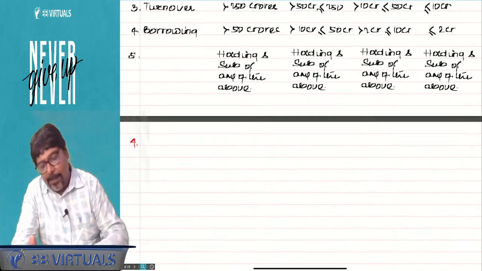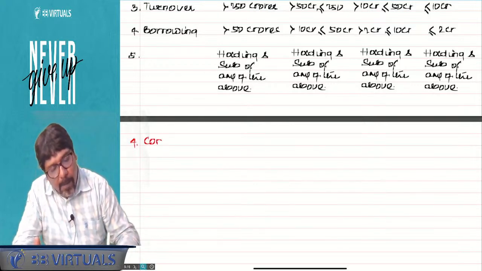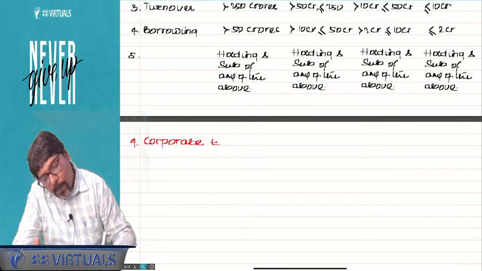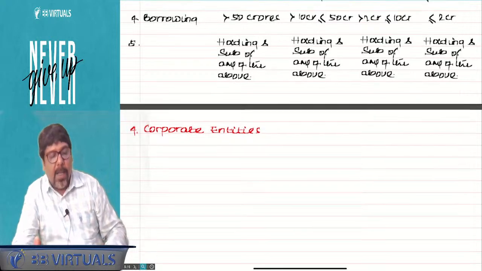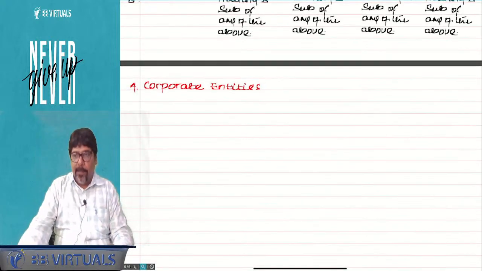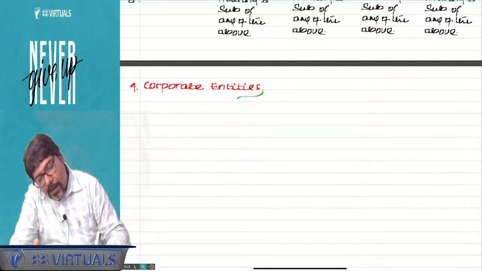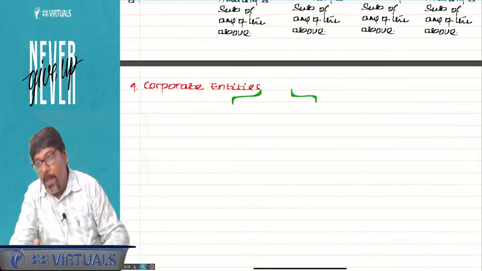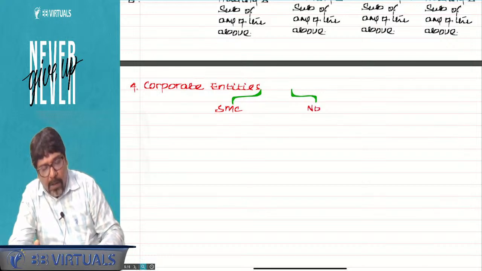Now chartered corporate entities. They have two divisions: SNC and non-SNC.